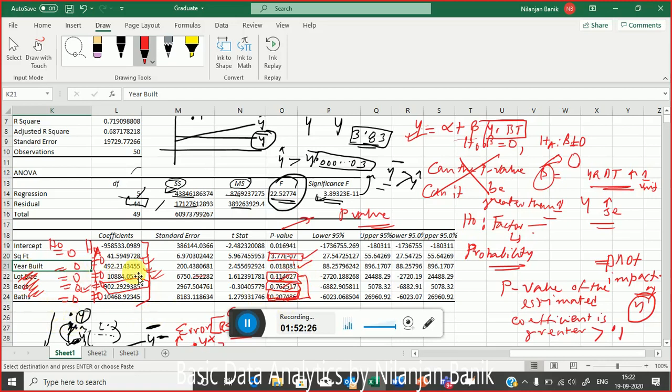So given the sample we have chosen, we can drop some of these variables. If it is greater than 0.1, then we drop that variable.